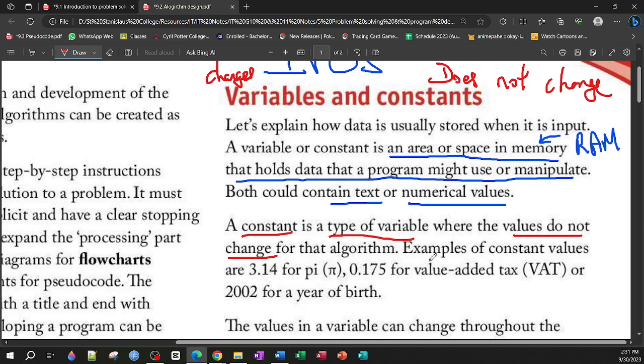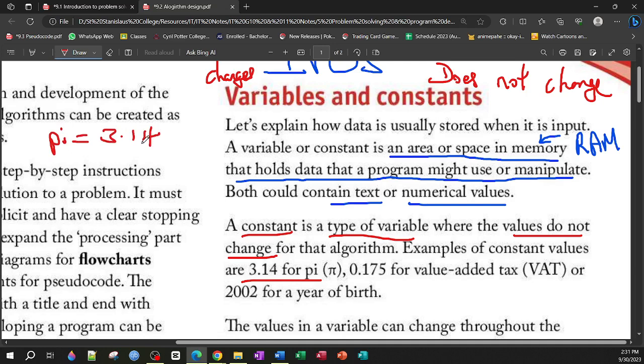So for example, the value of pi, that's going to be a standard value. So instead of us typing in 3.14 or whatever, we store it as a constant and we keep using this name. So for instance, we're going to say pi is equal to 3.14.